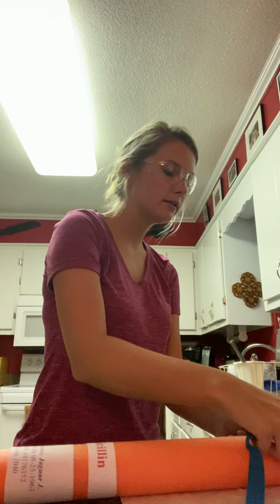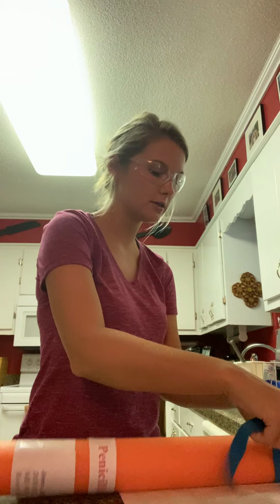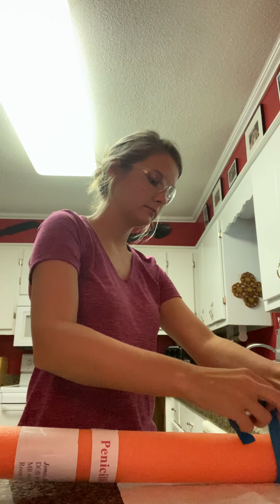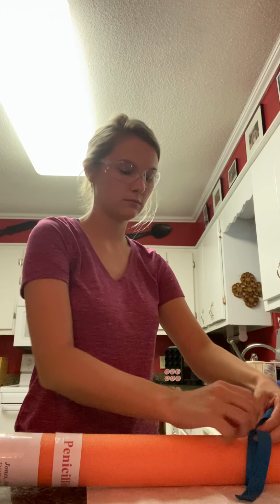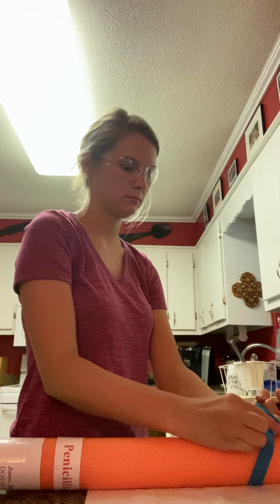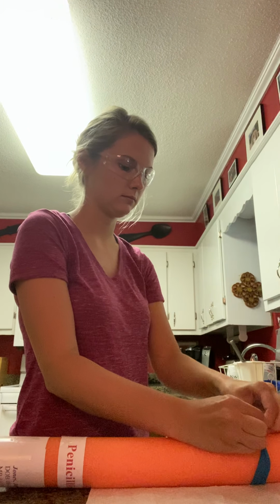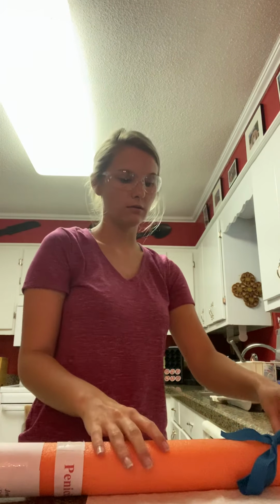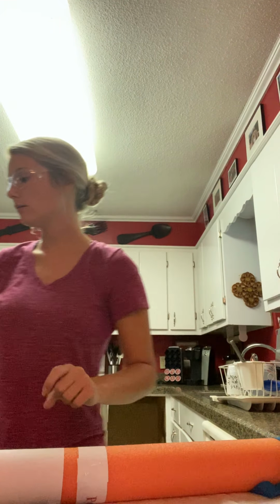So now I will apply the tourniquet. You want to apply the tourniquet 4 to 6 inches above your insertion site. Once I apply the tourniquet, I would check the radial pulse. I would apply clean gloves.